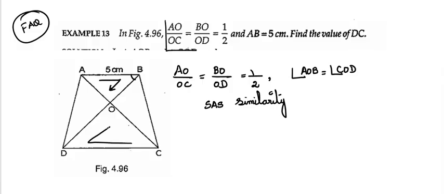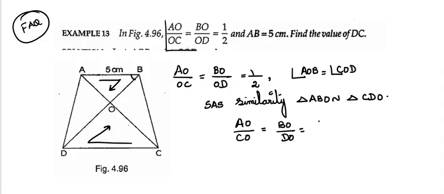Triangle ABO is similar to triangle CDO. So AO by CO equals BO by DO equals AB by CD equals 1 by 2. Therefore, CD will be equal to 10 centimeter.